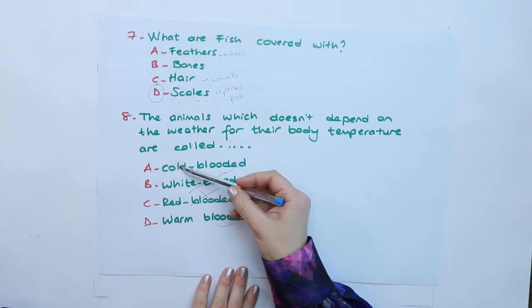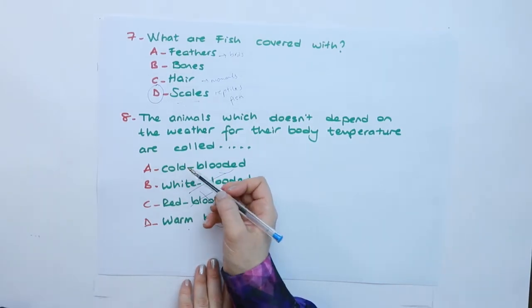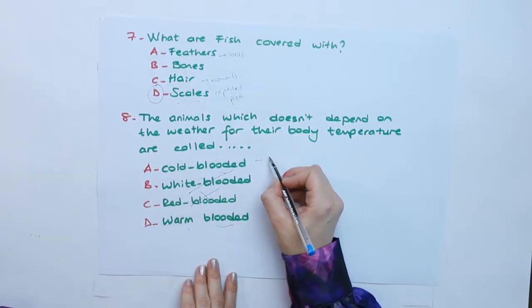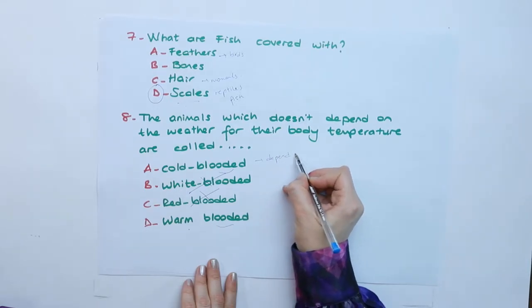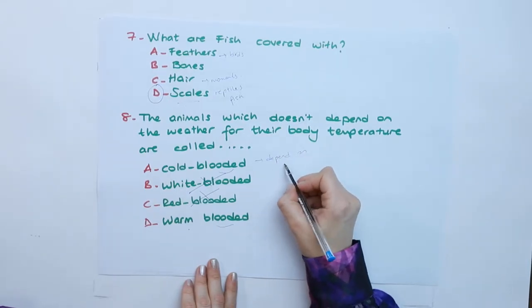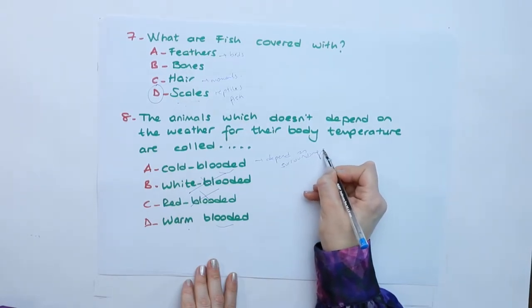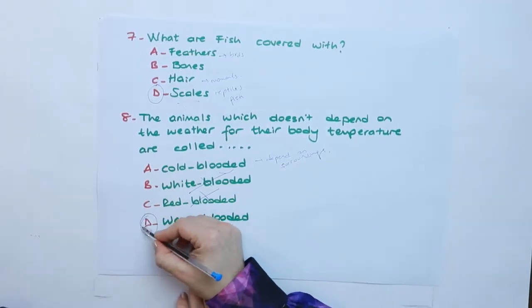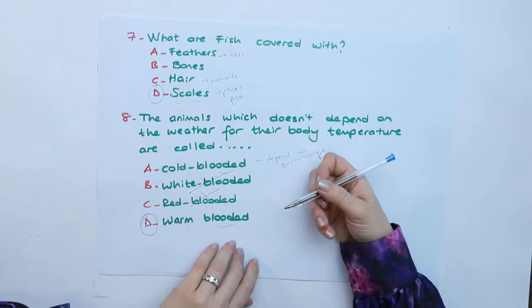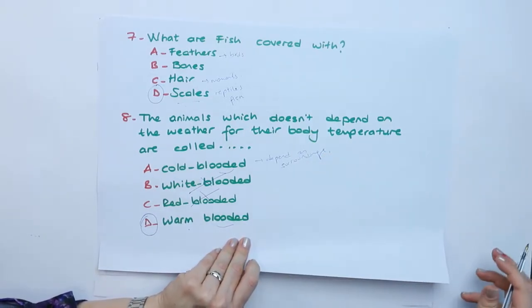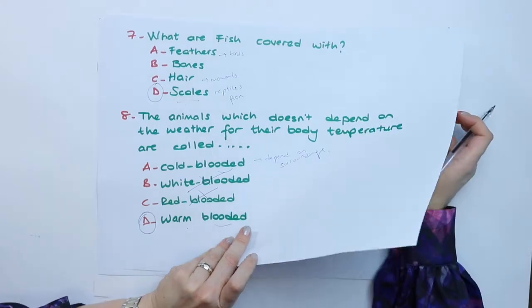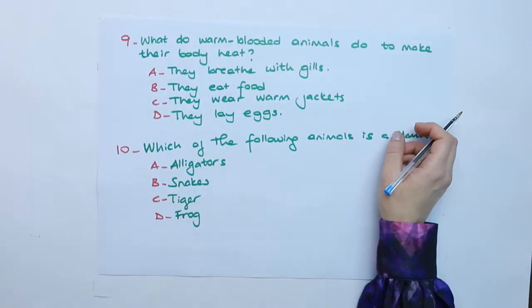We need to choose cold-blooded and warm-blooded. I know that cold-blooded animals depend on the weather or their surroundings. So I'm going to choose warm-blooded animals. Just like we humans are, our body temperature doesn't change depending on the weather.